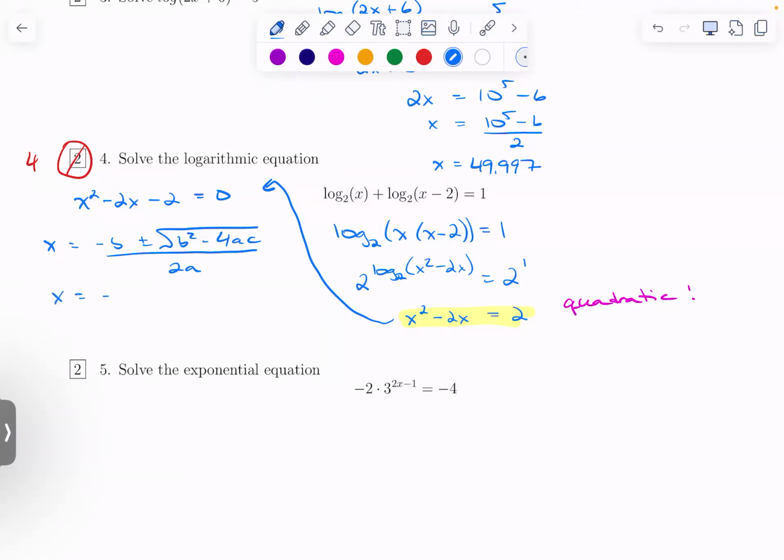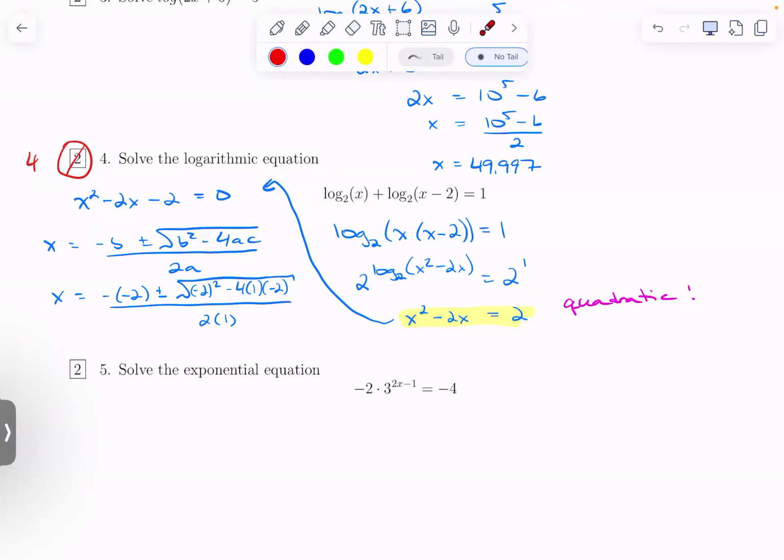So x is negative negative 2 plus minus the square root of negative 2 squared minus 4 times 1 times negative 2 over 2 times 1. Working inside the square root here, I get 4 minus 4 times negative 2. So 4 plus 8 is 12, root 12.